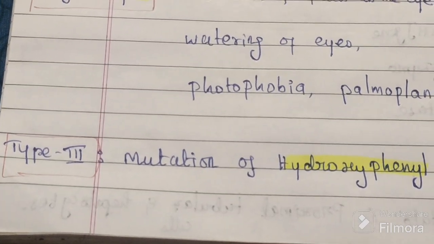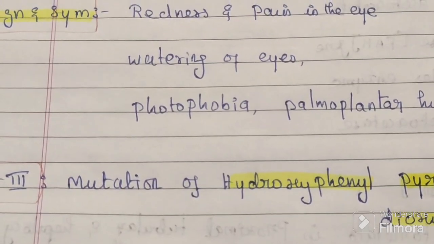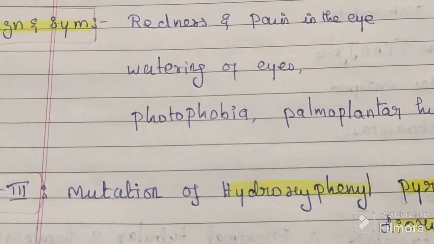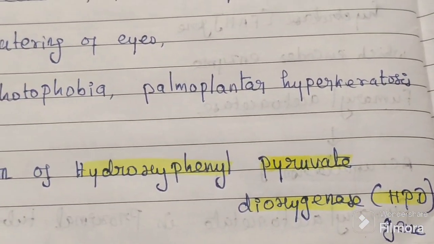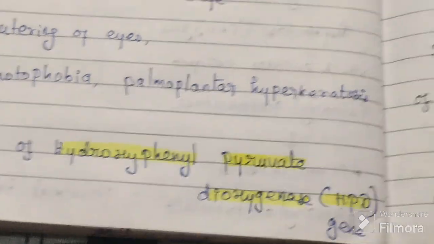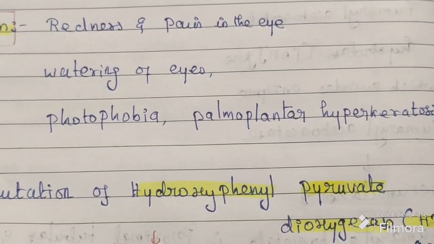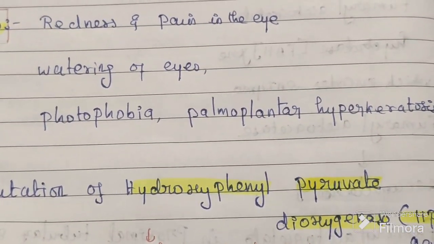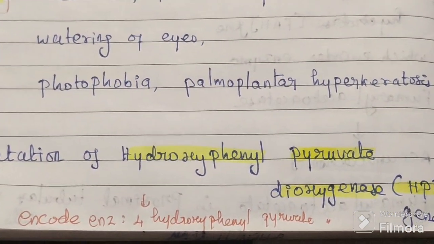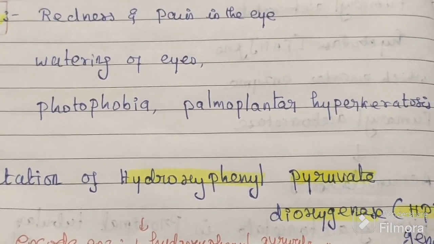Next, type 3 tyrosinemia results from mutation of the hydroxyphenylpyruvate dioxygenase gene, which codes for the enzyme 4-hydroxyphenylpyruvate dioxygenase.